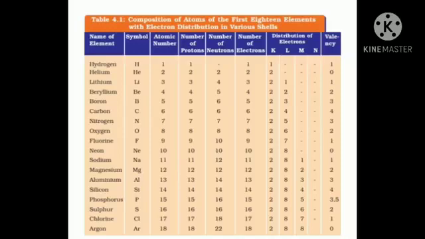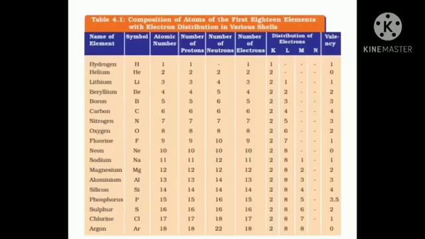That is the valence electrons. Valency equals 8 minus 5, so it has the valency 3. Phosphorus has two valencies, 3 and 5.